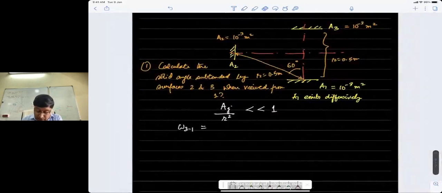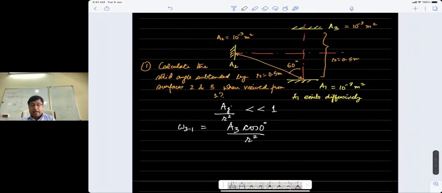That would be the area when projected along that direction. Remember, you're watching from A1. Because the normals are the same, it's right above, so we have A3 into cosine of 0 degrees by R square as the area seen from A1. You can easily calculate that as 10 raised to minus 3 by 0.5 square, which becomes 4 into 10 to the power minus 3 steradians.